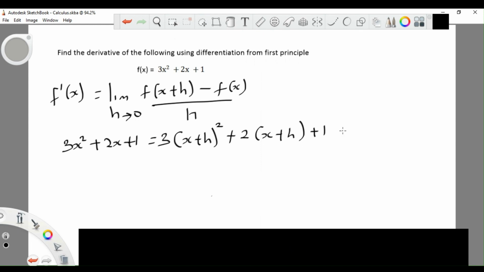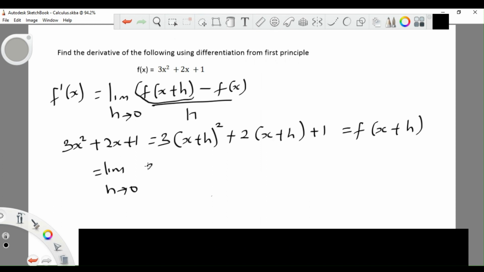This new equation is equal to f of x plus h. So what we do is replace this equation with this. Therefore, we have the limit as h tends to 0. I will place this equation right here with this.